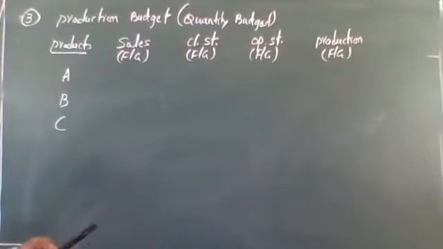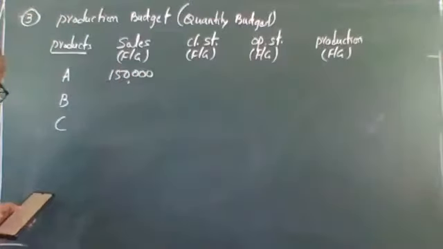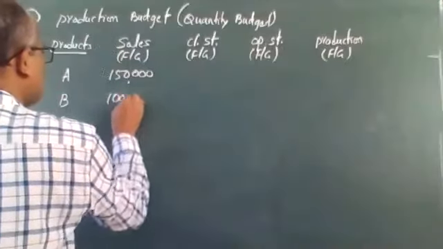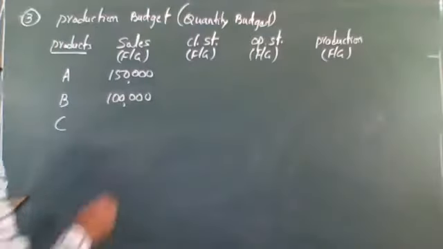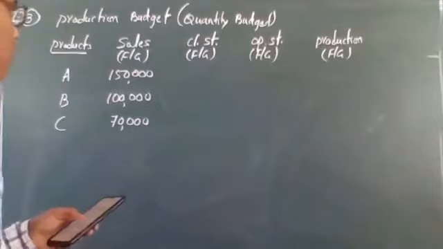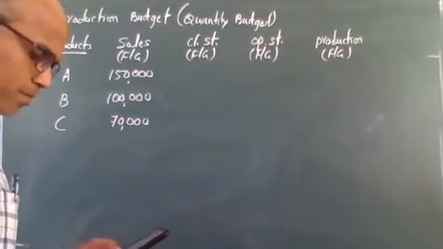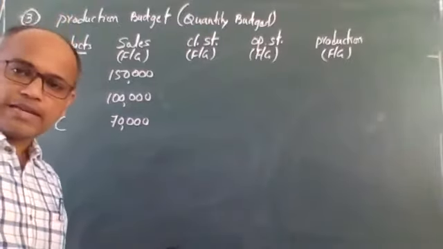Look at the information given to you. A, sales is 1,50,000 units. B, sales is 1 lakh. And C, sales is 70,000. I want the closing stock of finished goods first. So you go to the last extreme column. Closing stock is June 30th, 1987.